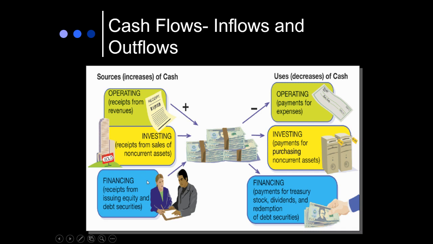And then for financing, also the same: calculate the inflows and then minus the outflows to get the net cash balance. So for each category of activities, you have to calculate the inflows and outflows individually first to get the net cash balance, before you can get the total net cash balance for that period.